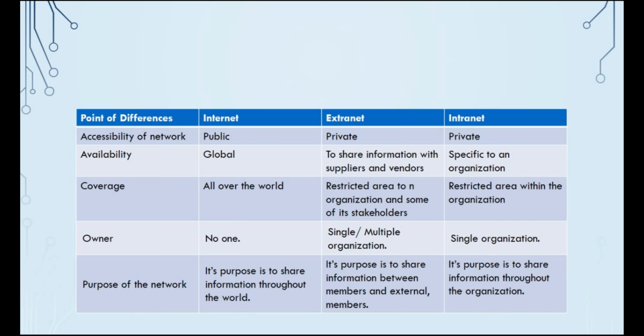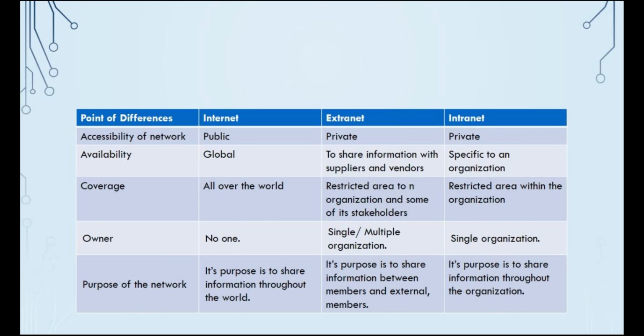In coverage, the internet is all over the world because everyone can access and be connected, while the extranet is accessible only to the members of an organization and external members with logins, and the intranet is accessible only to the members of the organization.